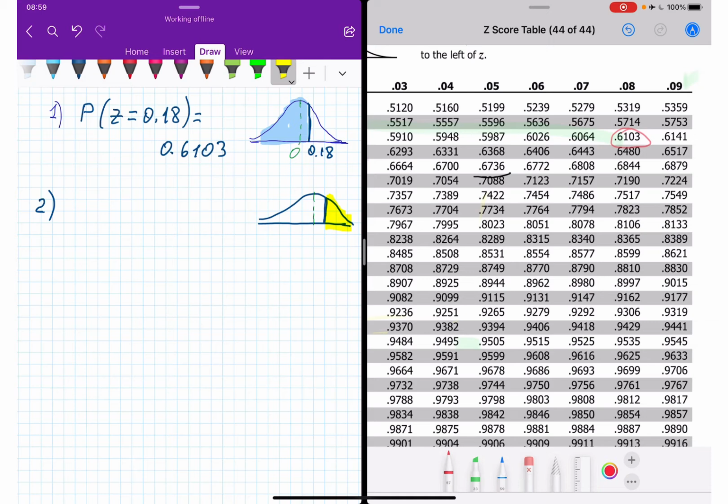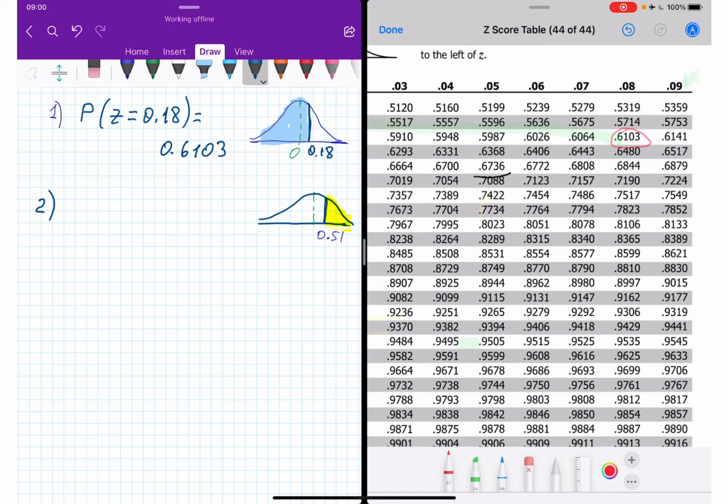Area to the right. Trying to make it nicer. All right. And this z-score is equal to 0.51.